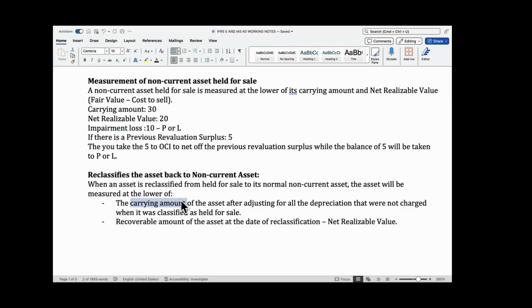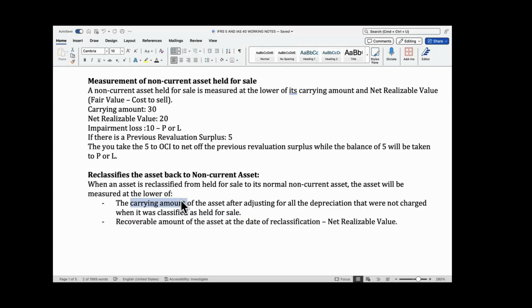The aim of this one is just to avoid accounting shenanigans, creative accounting and window dressing. Some people might just want to overvalue or depress the value of their assets by simply reclassifying.